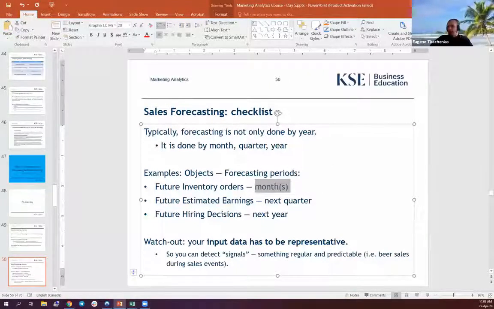Then future estimated earnings. So next quarter, because each business has its own time to close value. It may be something as simple as 1 week for grocery to, let's say, one item being sold in a month period.